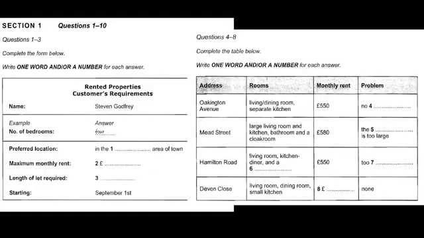Section 1. You will hear an estate agent talking to a customer who wants to rent a house. First, you have some time to look at questions 1 to 8.